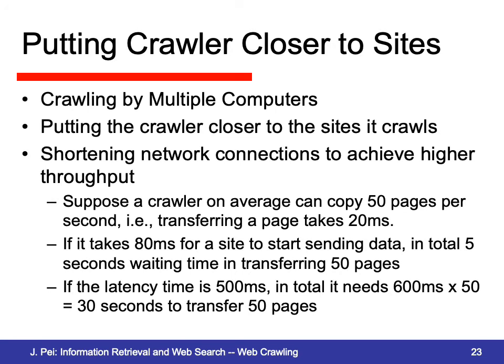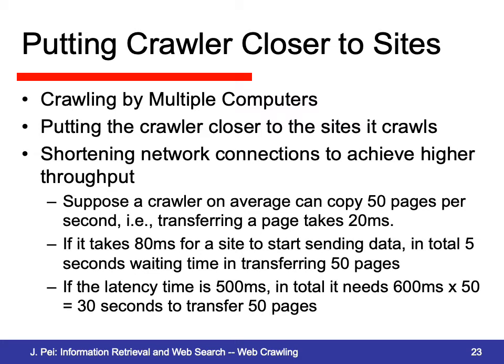The web is huge. There are many pages on the web, and those pages are hosted by different web servers, and those servers are distributed all over the world. Crawling is tedious work. You have to visit many web servers. Many of them may be distributed all over the world. Therefore, crawling typically cannot be done by only one computer.